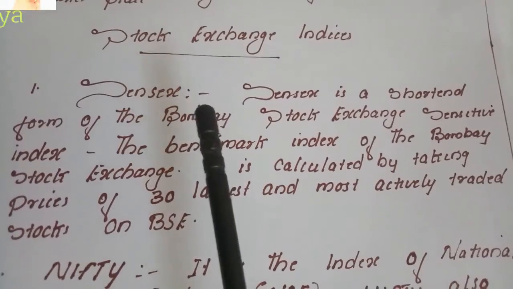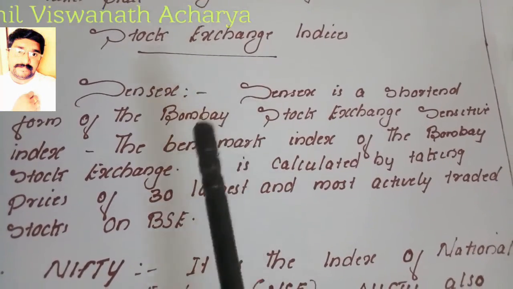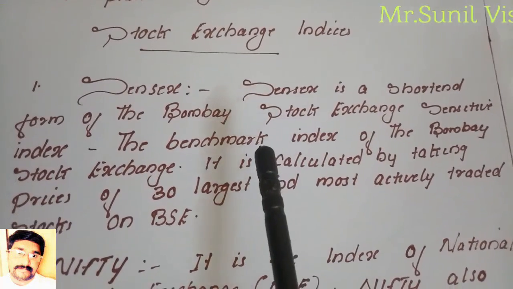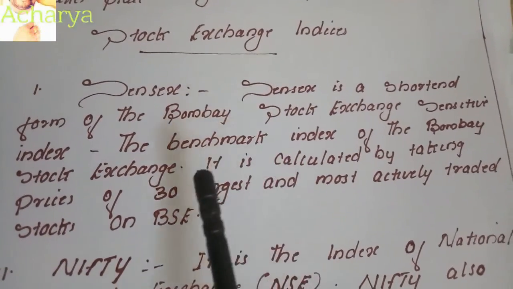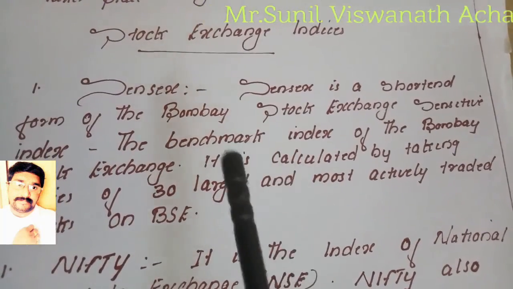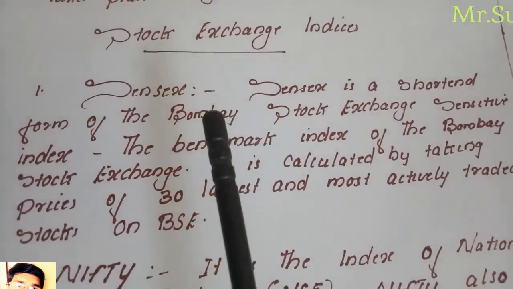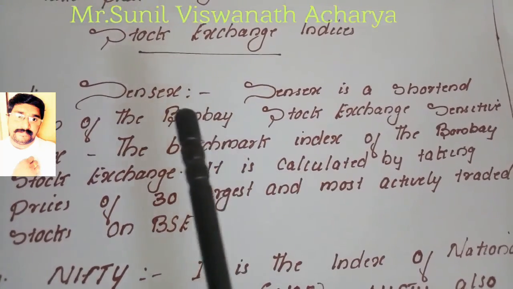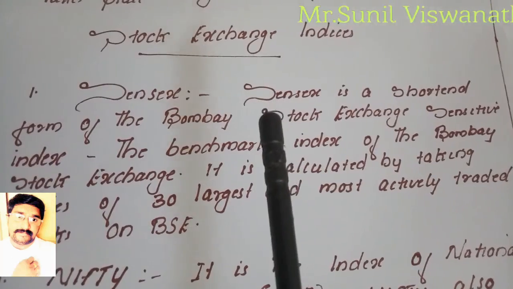It is the major index. Whenever the Sensex goes up or down, you hear it in the news. That means the value of these major stocks is going up or down. The economic condition of a country is mostly measured through such indices.